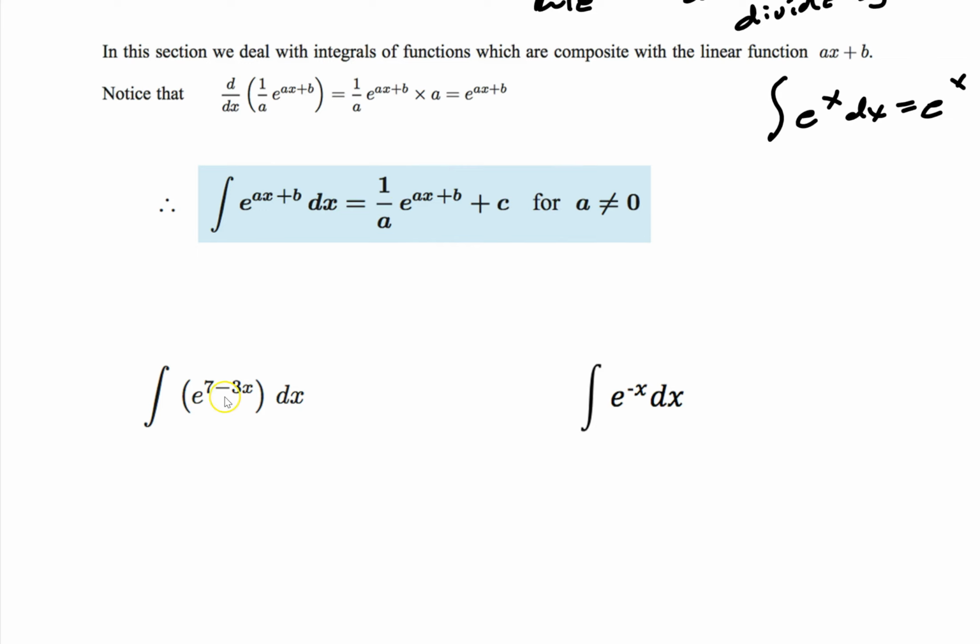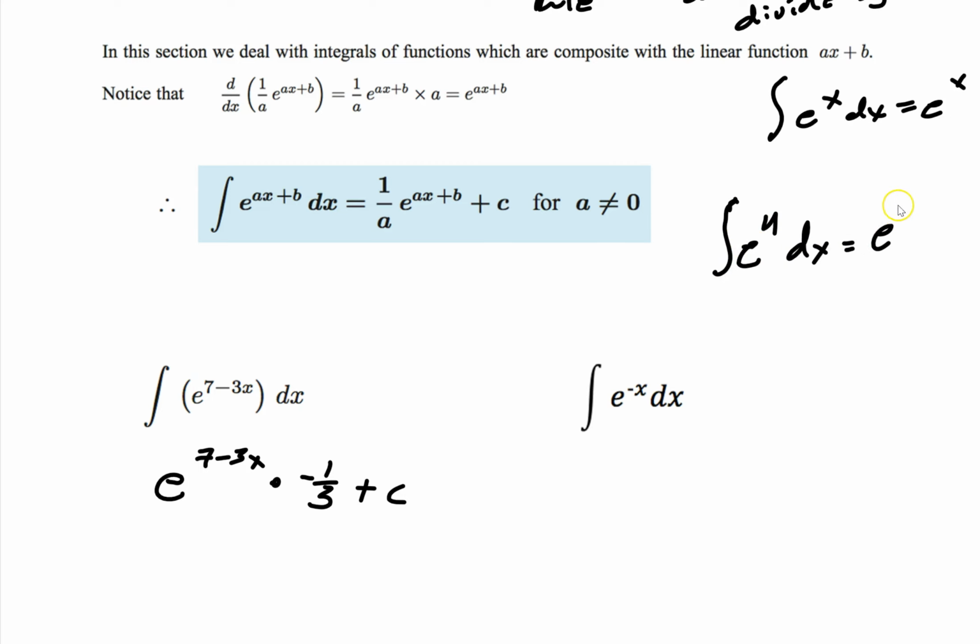So I see this e, and we have the same idea with e. Just copy it, it's an e, and then times by divide by derivative of the inside. So the derivative of the inside here will be -3, so times -1/3 plus c. So that's how we want to do our e's. So let's say we integrate e to the u dx.